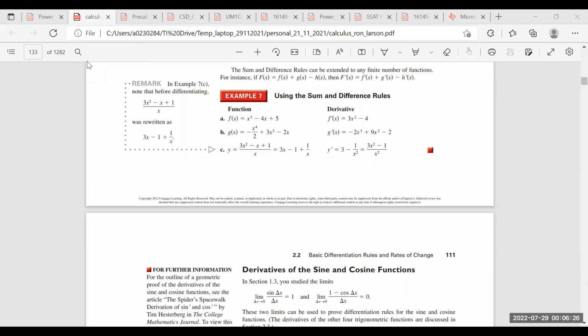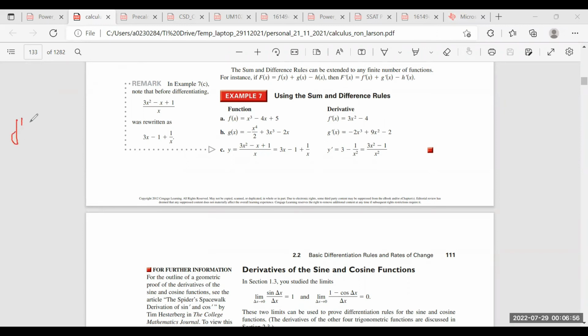I'm confused how to do this one. Okay, no problem. We can do it together. Let's do part A together. So you have x cubed minus 4x plus 5. Now this is as good as three different functions put together, separated by either a minus sign or a plus sign, right? Whenever you're trying to find the derivative of such a polynomial, all you have to do is find the derivative of each of the terms separately.